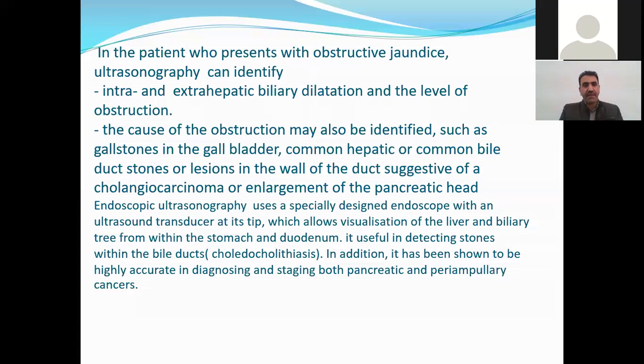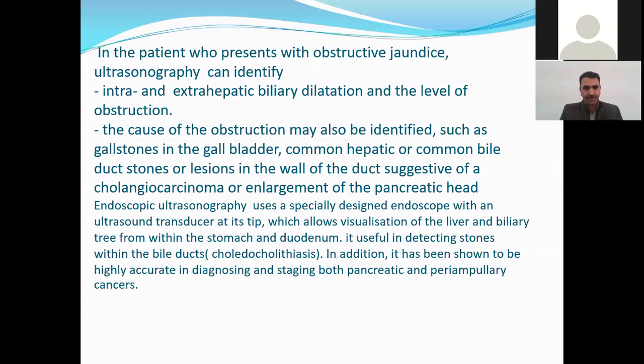The cause of obstruction may also be identified, such as a gallstone within the bile duct, a common hepatic or common bile duct stone, or a lesion in the wall of the duct such as cholangiocarcinoma, or enlargement of the pancreatic head, which gives an idea about the cause of the obstruction by ultrasound.